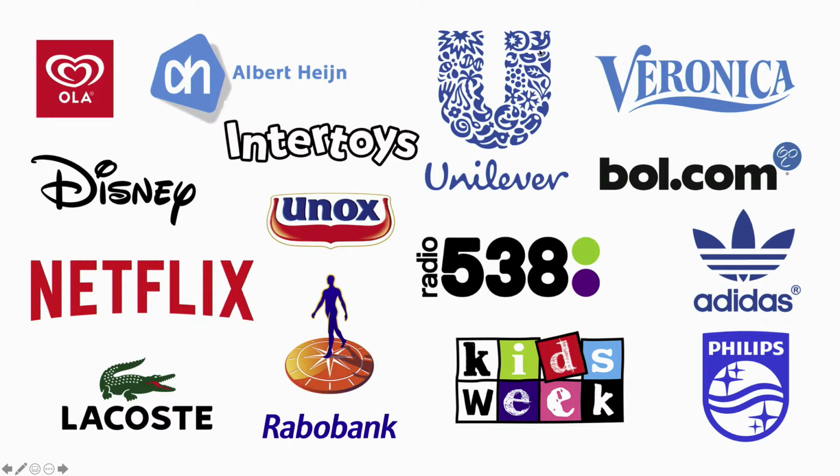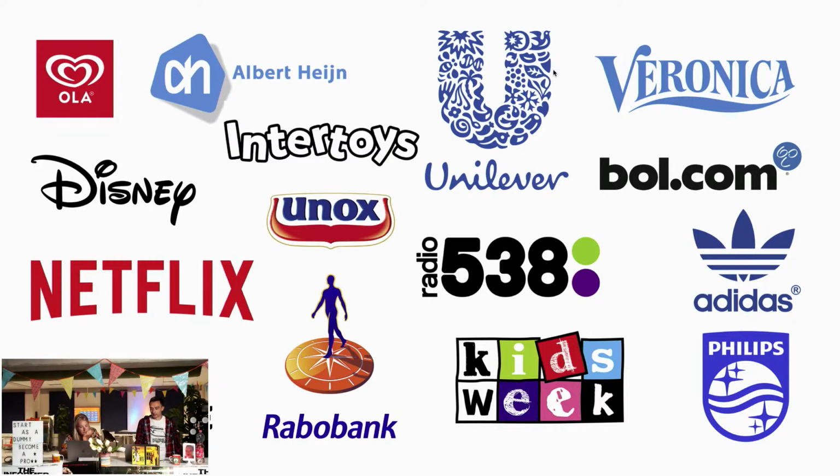And if you take a closer look at Unilever, the Unilever U. I think it's a great logo because Unilever is active in a lot of markets, and they sell all these kinds of products. You can even see the Dove in the top right corner of this logo.